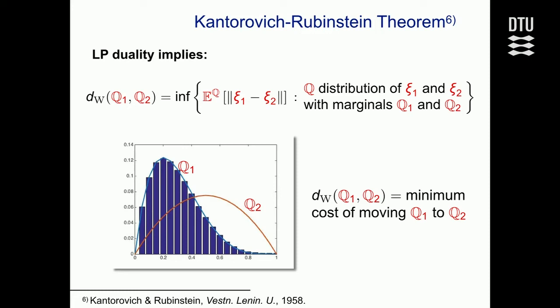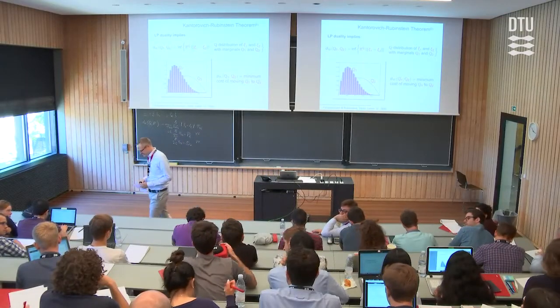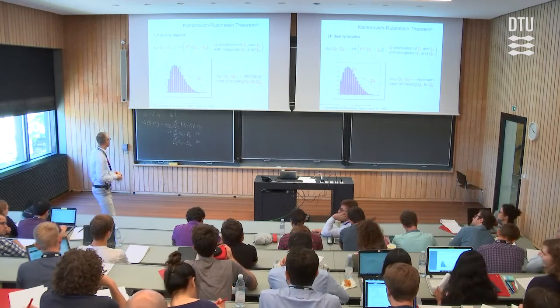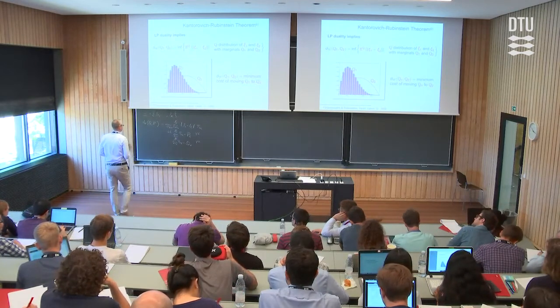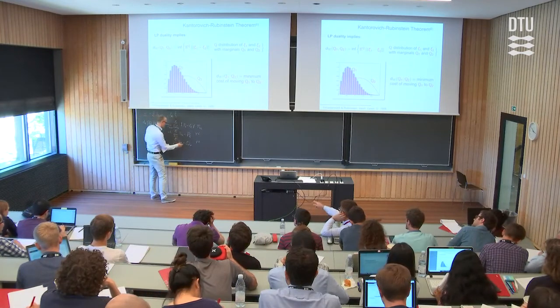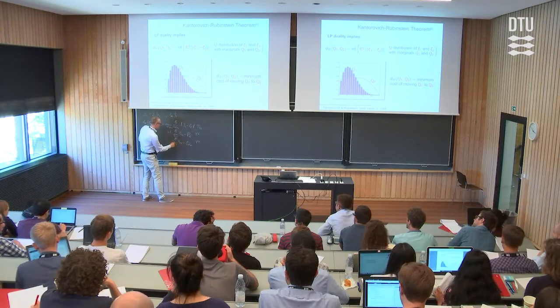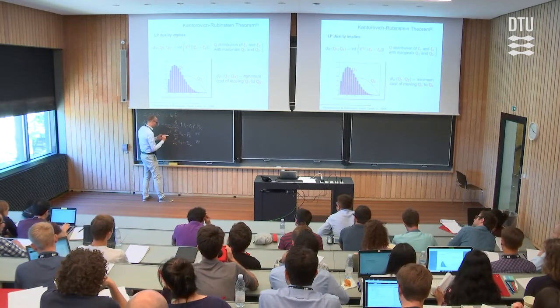Any questions about this? Yeah. I just want to make sure that I understand the indices correctly in the constraint of the linear program. Yeah. So I made an error. Sorry.